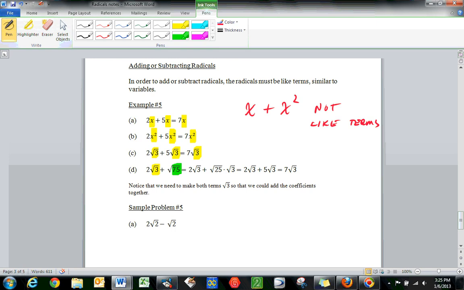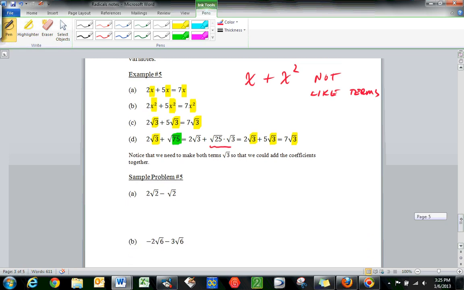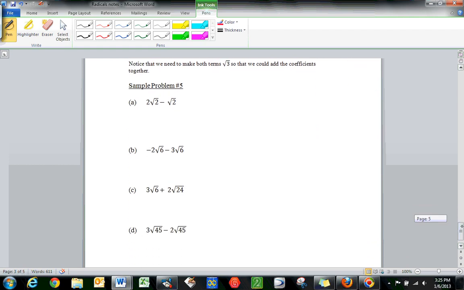So what's going to be required of us is this: taking the square root of 75 and breaking it up into simpler terms, and what eventually happens is we end up getting the square root of 3 on both parts that allows us to add it together. So see if you can follow along that pattern and those rules that you learned with variables and work on sample problem 5.